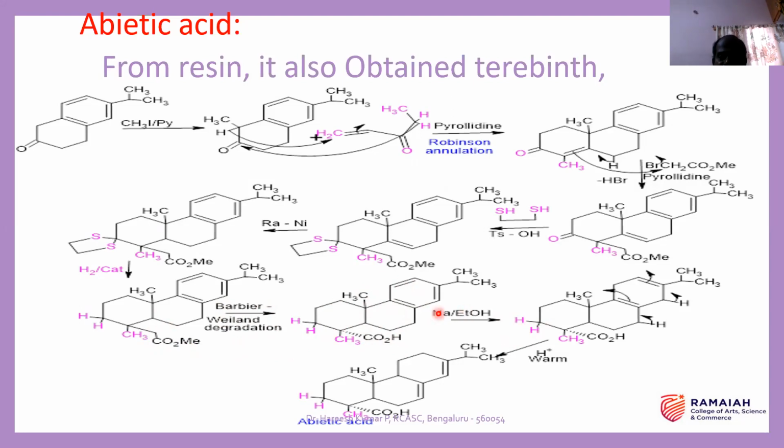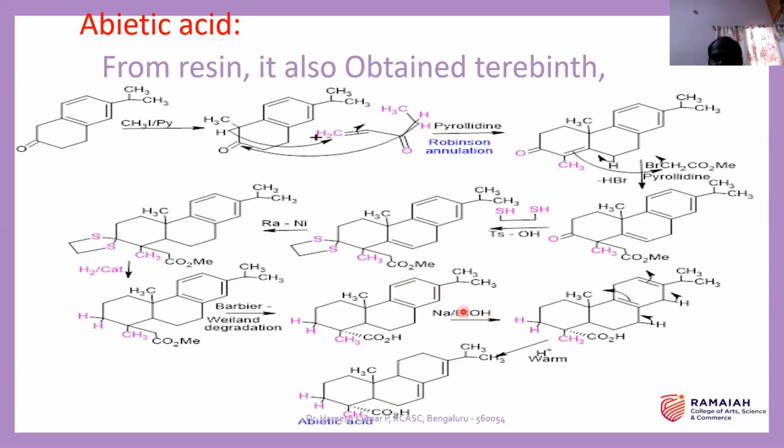Then the obtained one is subjected to Birch reduction. I think you know what Birch reduction is. Birch reduction is nothing but the treatment of a benzene with sodium in ethanol. Then what will happen? Sodium gives an electron to this carbon, this bonded pair goes over here and picks up a proton.